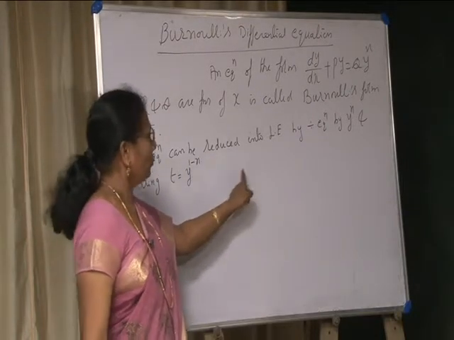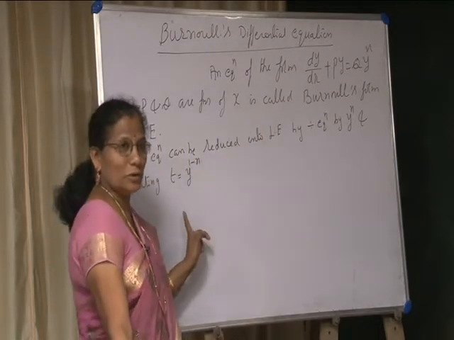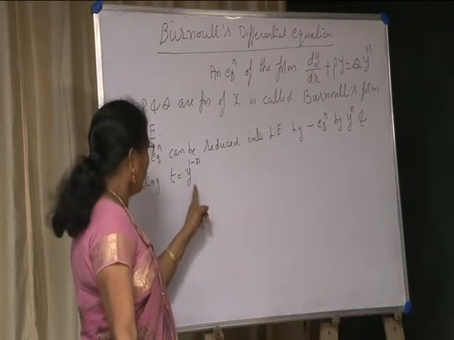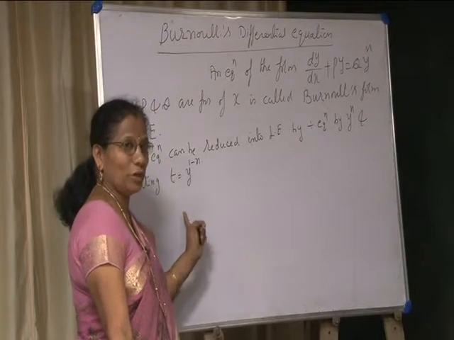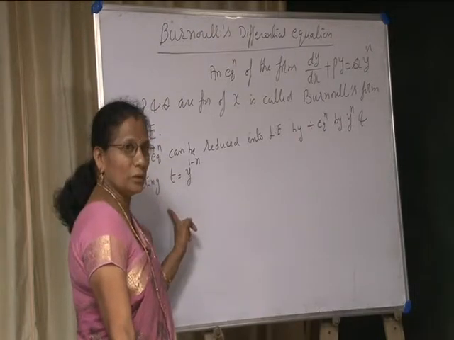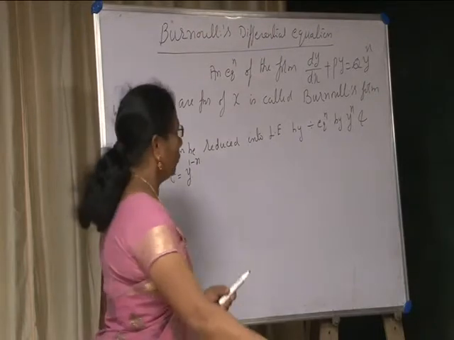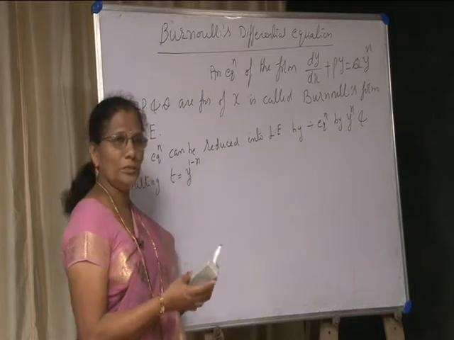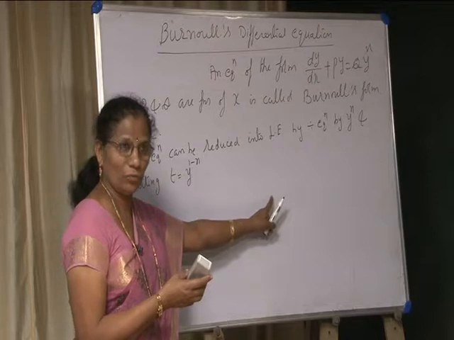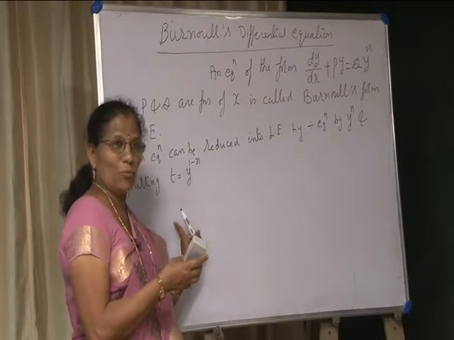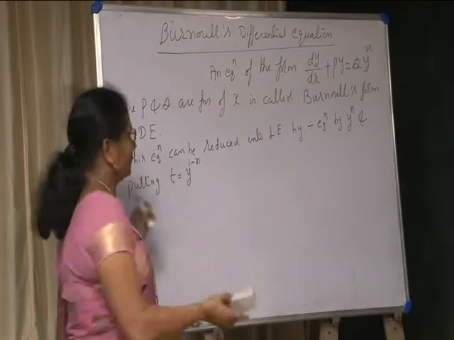First, we have to divide the equation by y to the power of n. Next, we substitute y to the power of 1 minus n, or 1 over y to the power of n minus 1, equal to t. The remaining thing is as in the previous class. While doing the problem, you will understand how to divide the equation by y to the power of n, and what to substitute for the third variable.